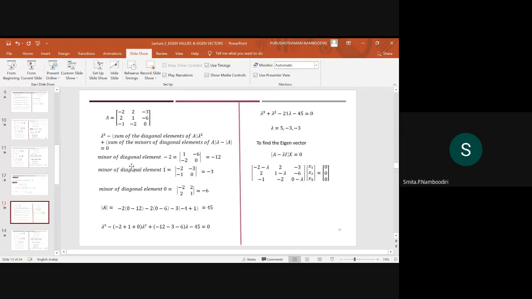So minor of the diagonal element minus 2: leave out first row and first column, remaining determinant 1 minus 6 minus 2, 0. We will get 0 minus 12, which is minus 12.